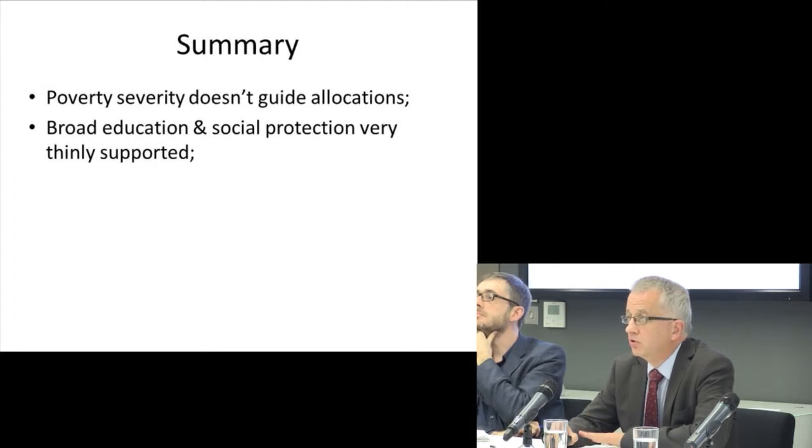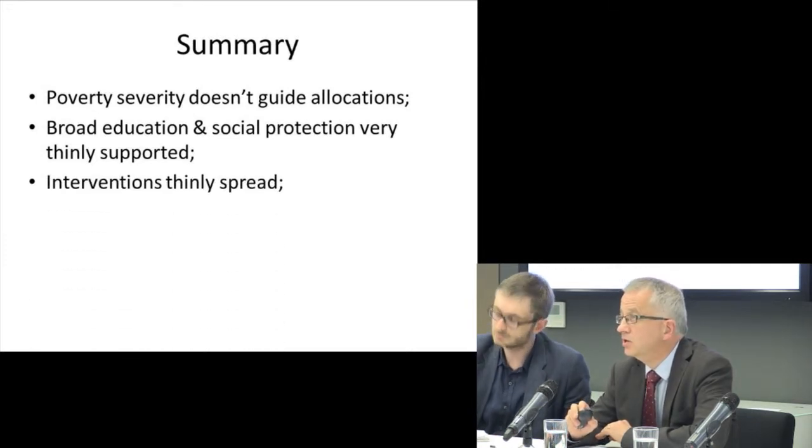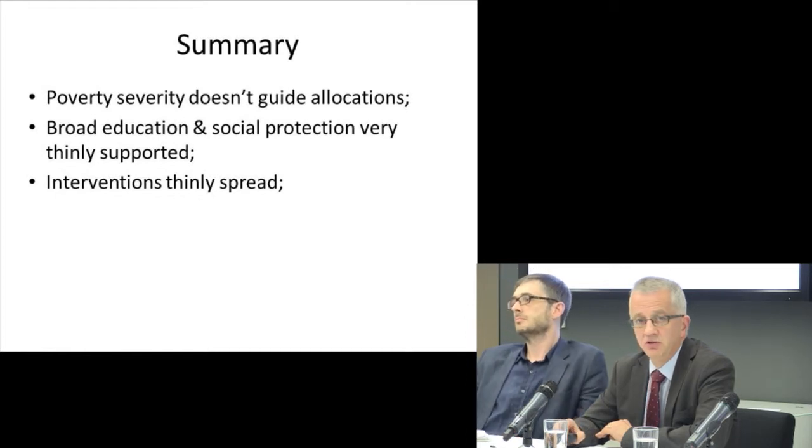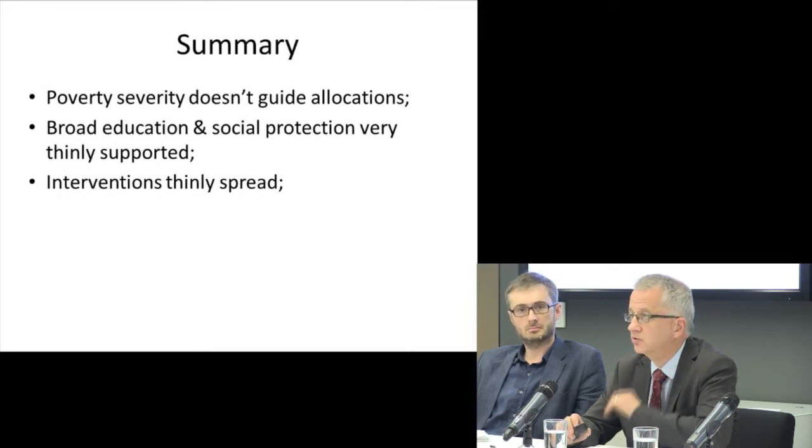Broad education, quality education, and social protection are areas that are very thinly supported. Interventions are generally thinly spread in these Swedish programs. There are many 1+s in the table you saw.